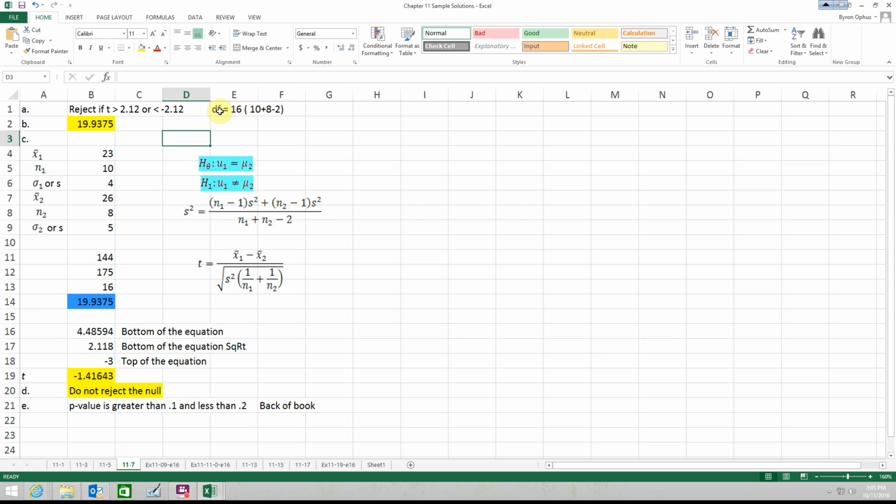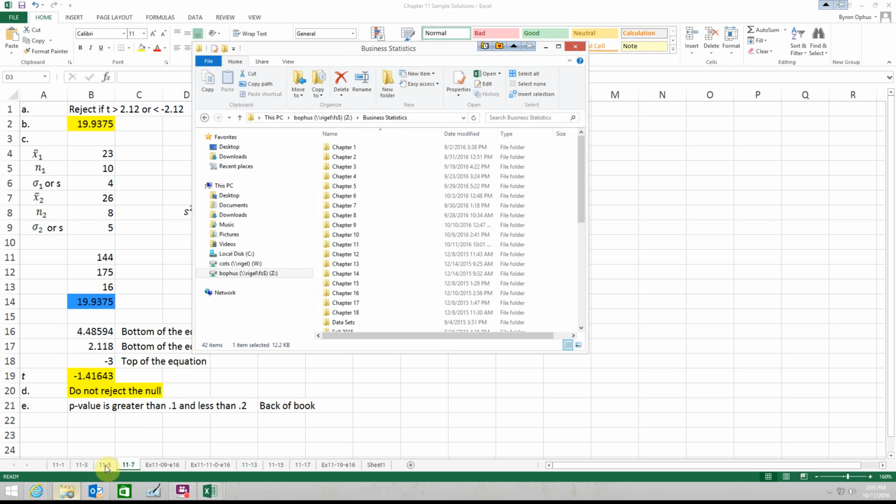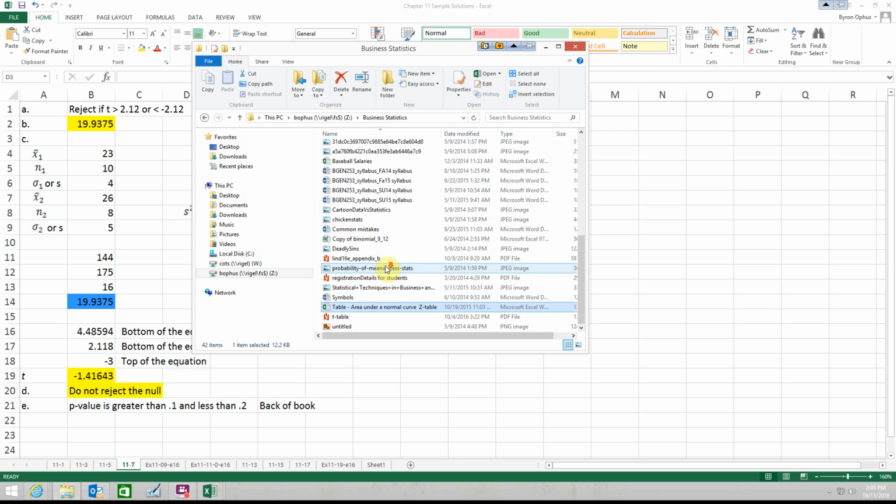My degrees of freedom isn't 16 times 10, it should be 16. This is how I calculated that: 10 plus 8 minus 2, so my degrees of freedom is 16, and again my significance is 0.05, and I should have my t-table up there.